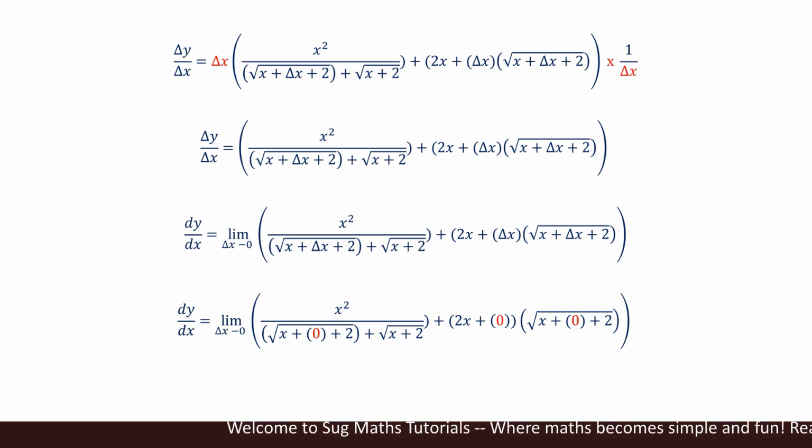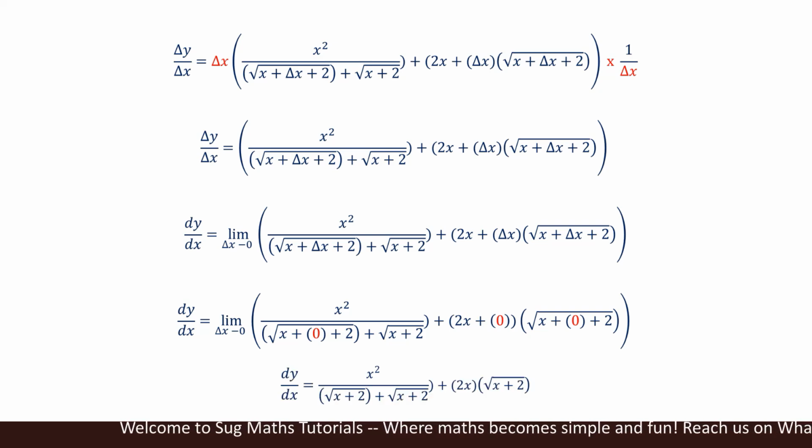Then plus square root of x plus 2. And then plus, in the other term, we are going to have 2x plus change in x. In place of change in x, we have 0, so it's going to simply give us 2x. Then multiplied by square root of x plus change in x plus 2. In place of change in x, we have 0. We're going to have square root of x plus 2.